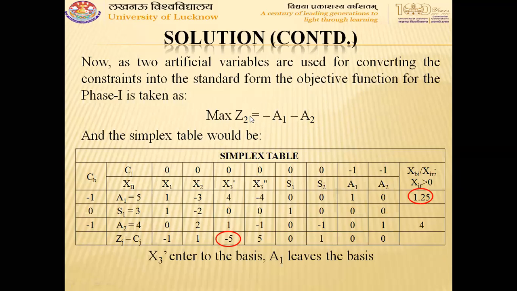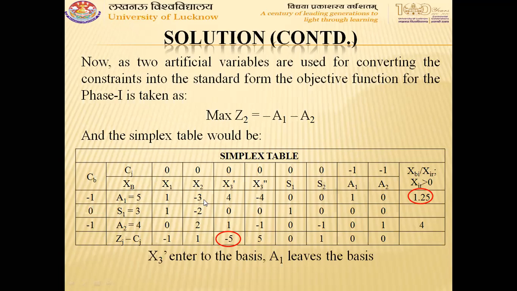Now the simplex table is constructed, and after constructing it, the net evaluations are obtained. Here you can see that in CB the costs of the artificial variables as well as the slack variable are written. So the net evaluation will be minus 1 into 1 plus 0 into 1 plus minus 1 into 0, that will give minus 1.